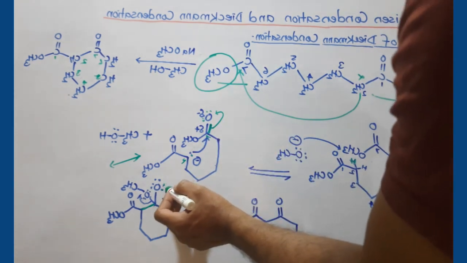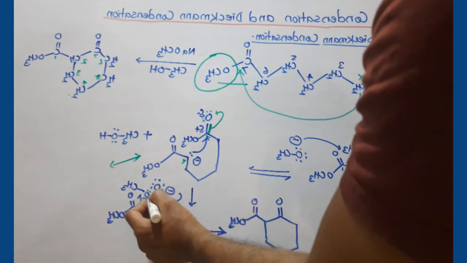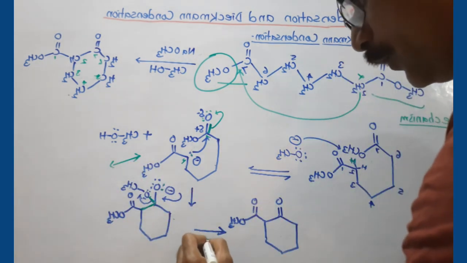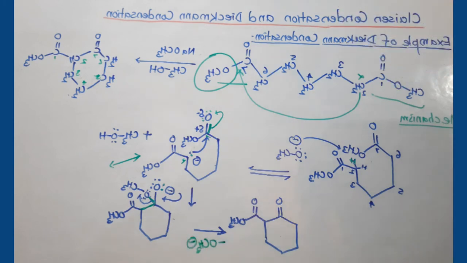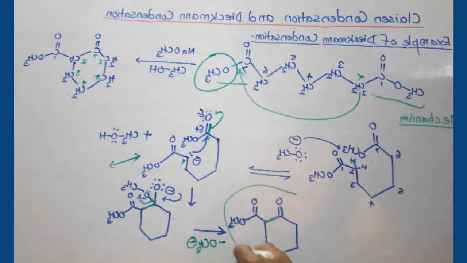Now if this bond is regenerated, this double bond will try to form again, but this time you have to break this bond where the oxygen is attached. So if you remove that, you will get OCH3 minus here. So this OCH3 minus is removed, and this bond is formed. In this way you get this beta-keto ester.